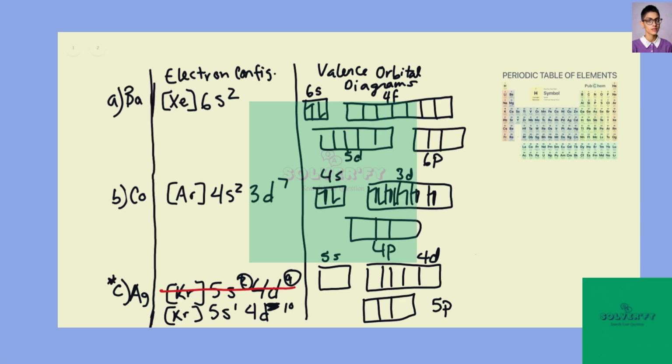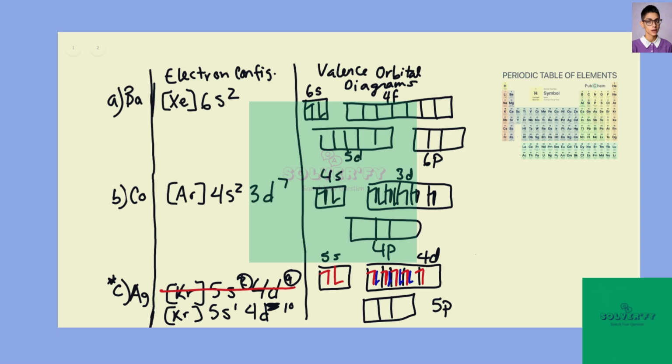And so just so you can see it, I'll show you. So normally we would go 1, 2, 3, 4, 5, 6, 7. So 1, 2, 3, 4, 5 go into the d orbitals, and then they start to pair off. 1, 2, 3, 4, right?